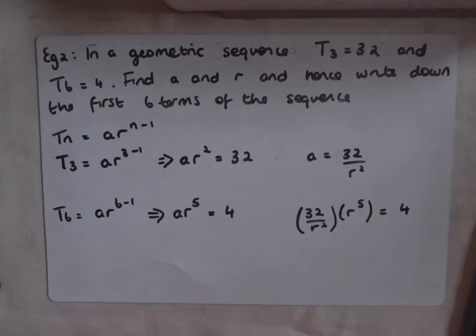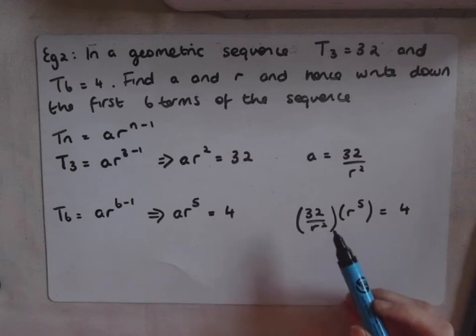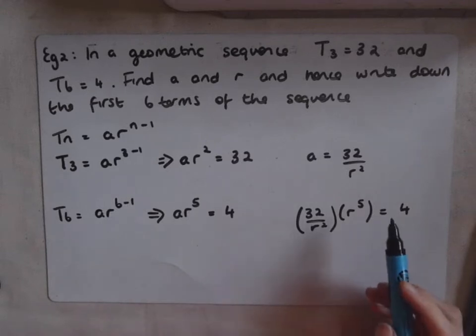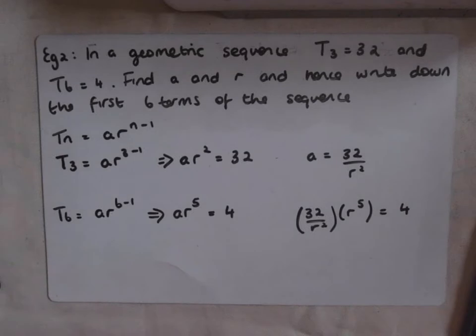What can I do? Substitute, but never mind. We need to figure out what r is first. So it's 32 r to the power of 5 over r squared.